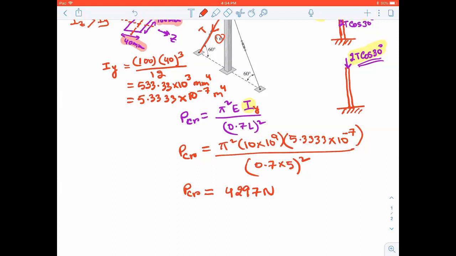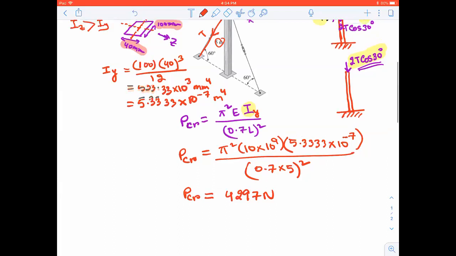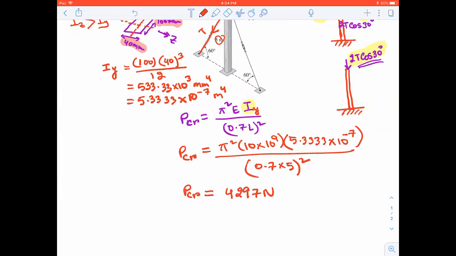So that critical load, P critical, is equal to 2T cosine 30 degree. So your T you can easily calculate, right?